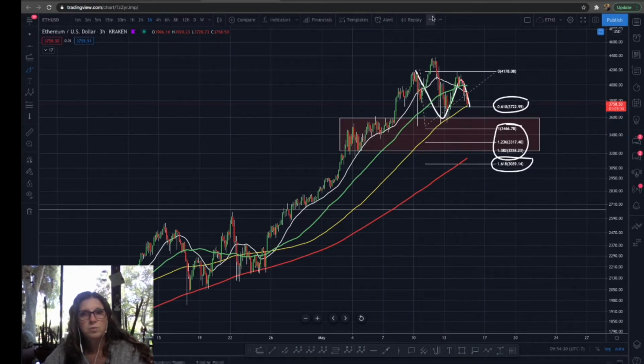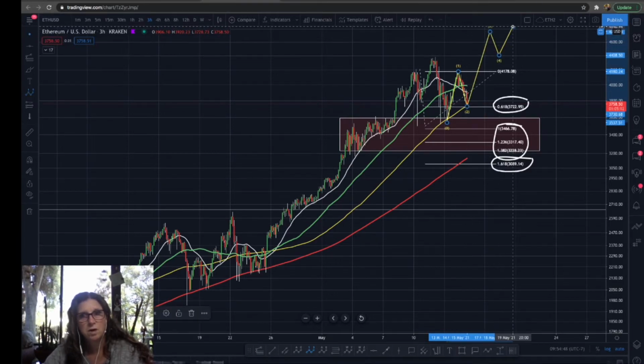Now there is always a bull scenario. So the bull scenario is that this is a 1, this is a 2, 3, 4, 5 on up there, okay?